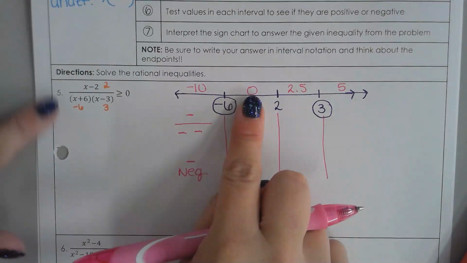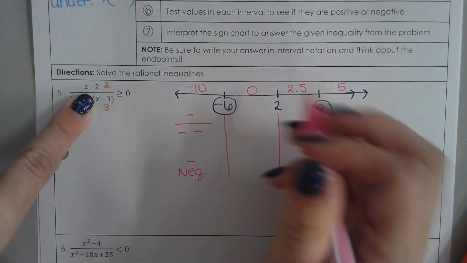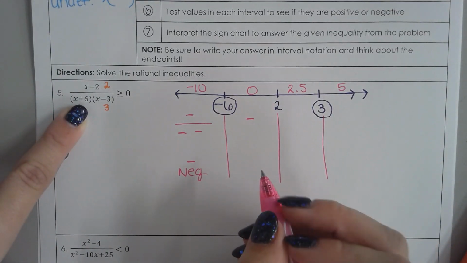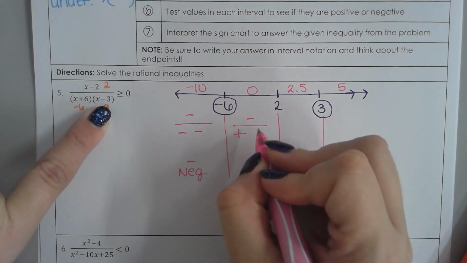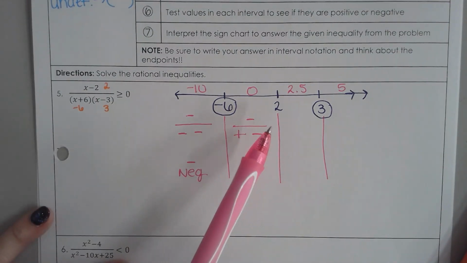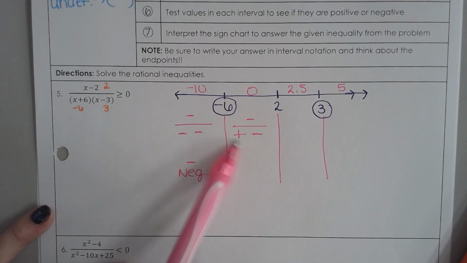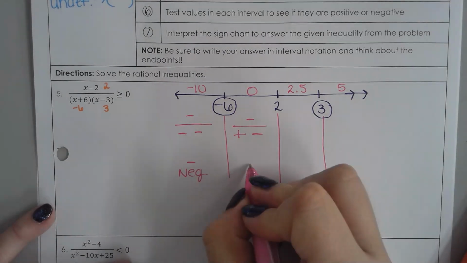Alright, if I plug in 0, 0 minus 2, negative. 0 plus 6, positive. 0 minus 3, negative. So a negative number divided by a negative number is positive.